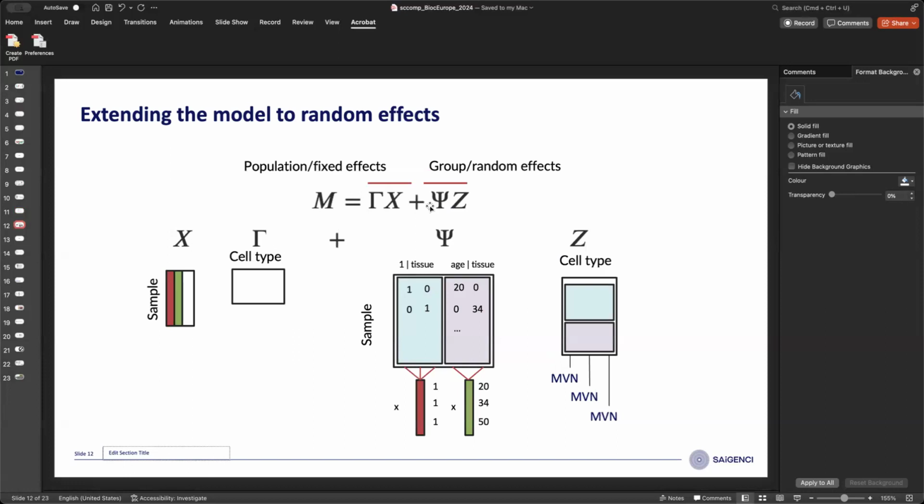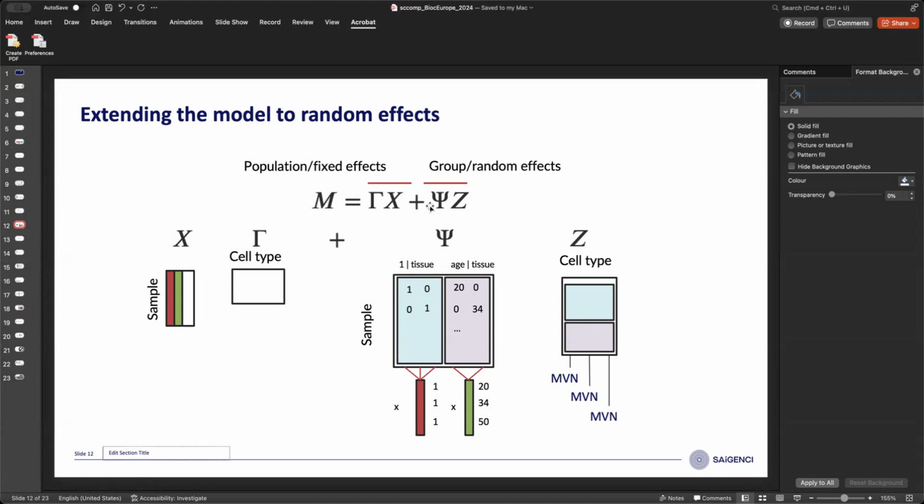Your design matrix has samples on the rows, and your effect matrix has cell type, in our case, on the columns. And it's pretty straightforward to add random effects in this case. That is just literally a sum with another matrix product. In this case, the design matrix defines your groupings. So in this case, the grouping could be datasets, could be organs.